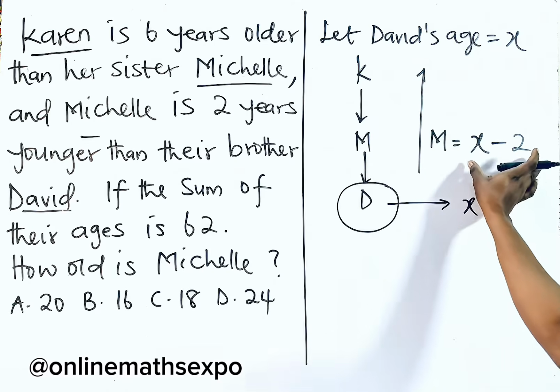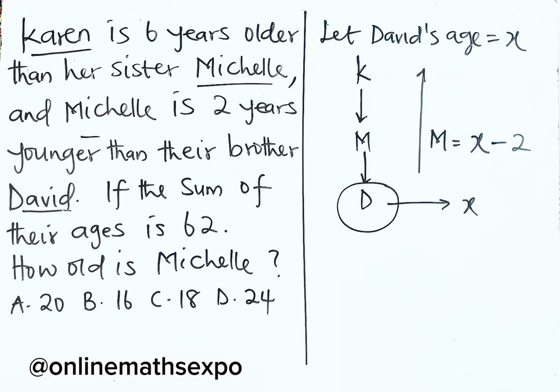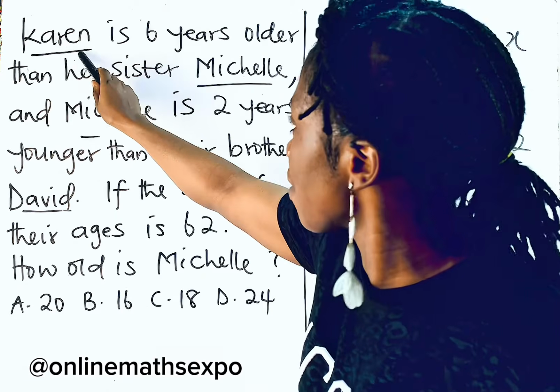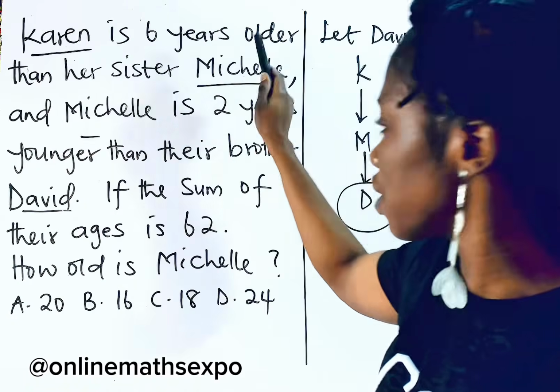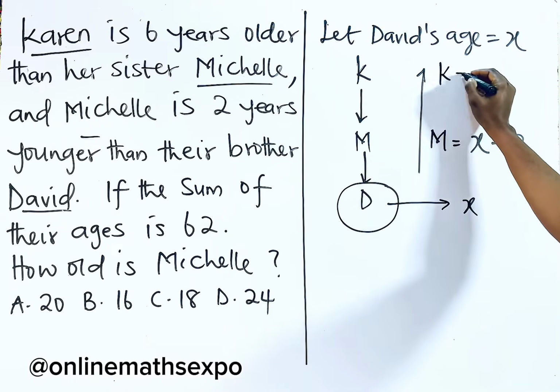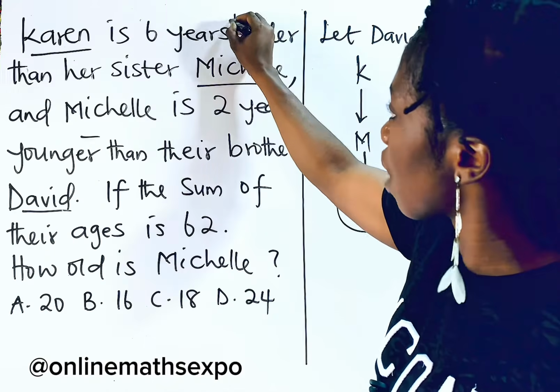Now, having gotten Mitchell's age, we can now get Karen's age. Did you see how easy it is? Let's go back. The question says Karen is 6 years older than her sister Mitchell. So for Karen, it's going to be 6 years older. Older means to add.